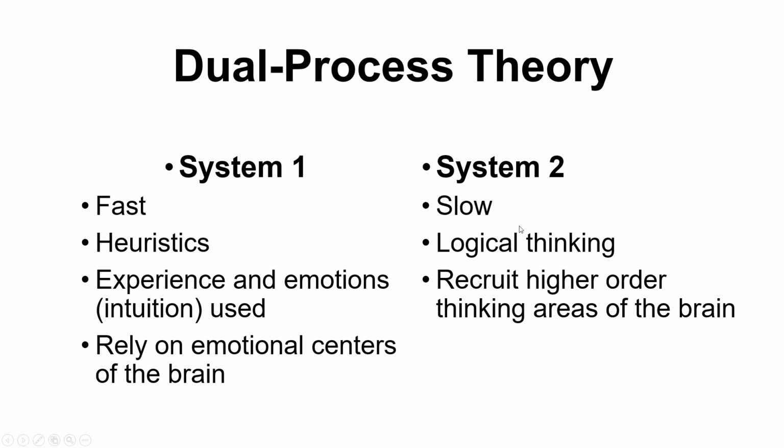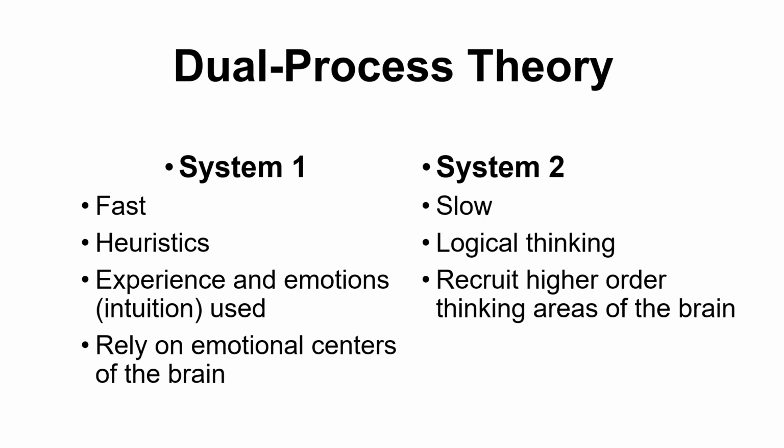System 2 is more of a slow, effortful, and logical reasoning process. So it involves logical thinking, and it usually ends up recruiting higher order brain areas. So it involves other parts of the brain to allow us to make more rational decisions based on evidence.